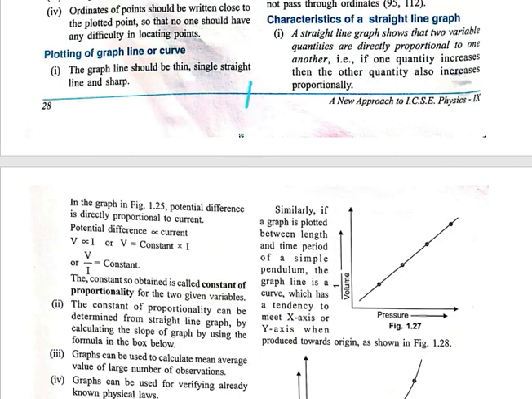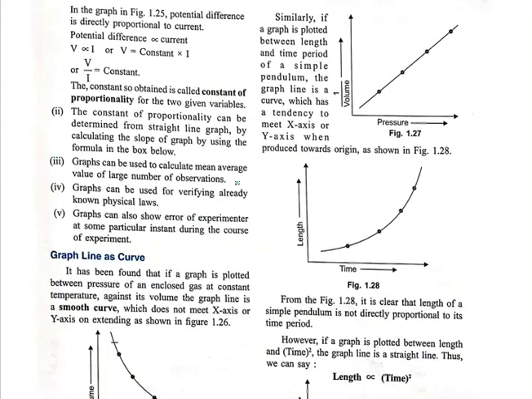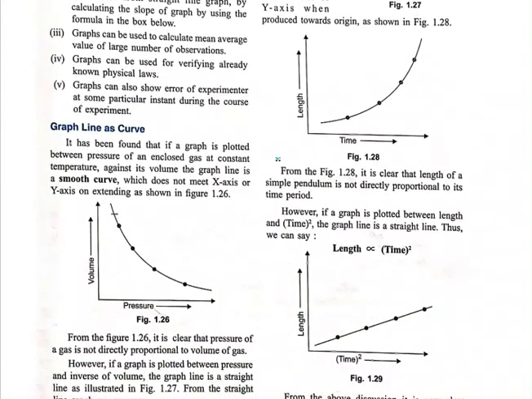That means after plotting, if you get a straight line, with one variable on the x-axis and the other on the y-axis, then the two variables are directly proportional. If one increases, the other also increases, and if one decreases, the other also decreases. Okay, fine.